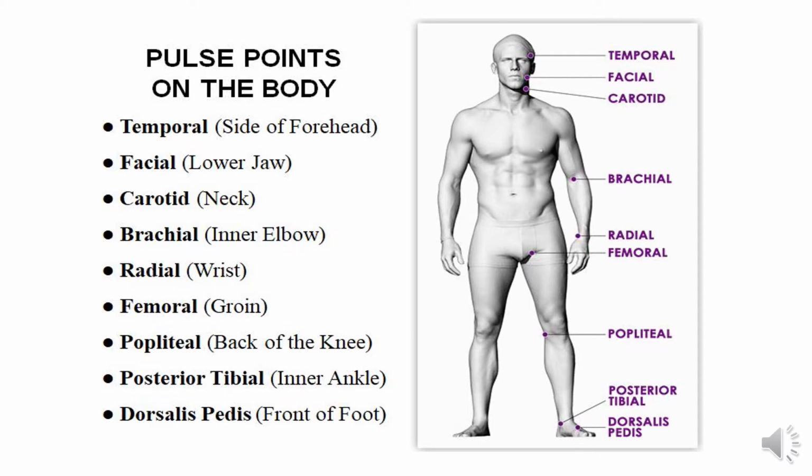Then there is the brachial artery on the inner side of the elbow, the radial artery at the wrist joint, the femoral artery in the groin, the popliteal artery in the back of the knee, that is in the popliteal fossa, the posterior tibial artery present at the inner ankle, and the dorsalis pedis, which can be felt on the front of the foot.